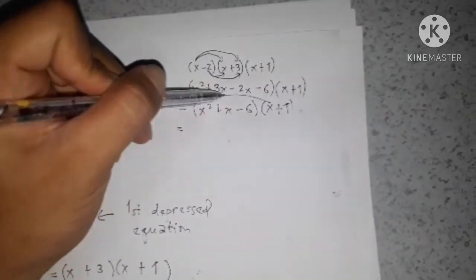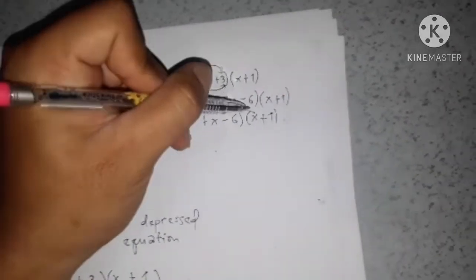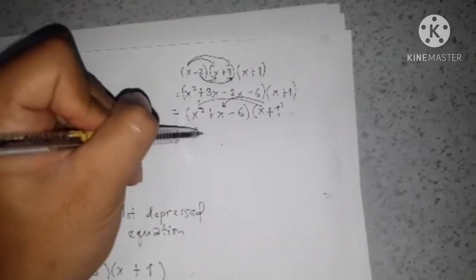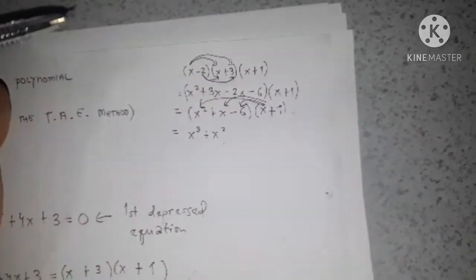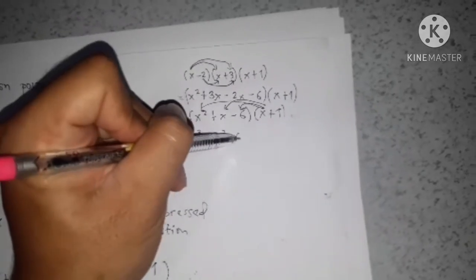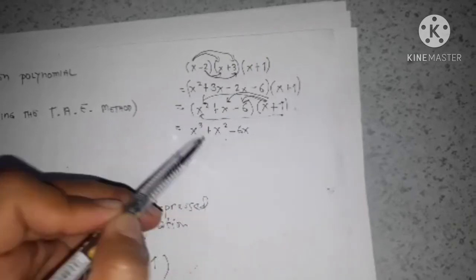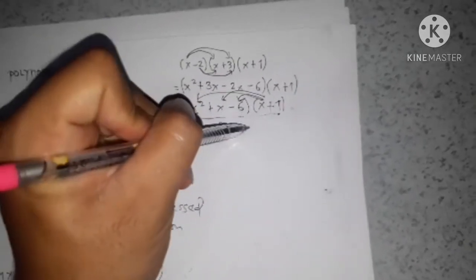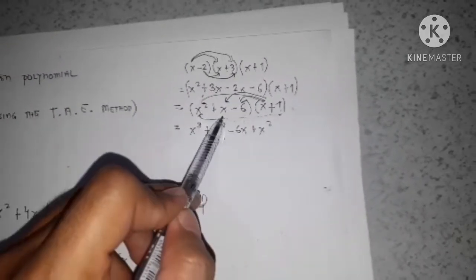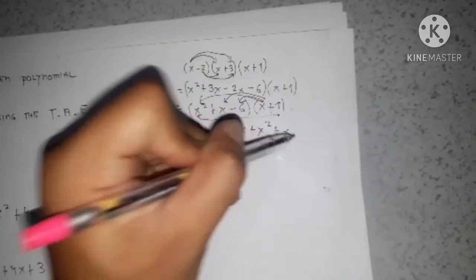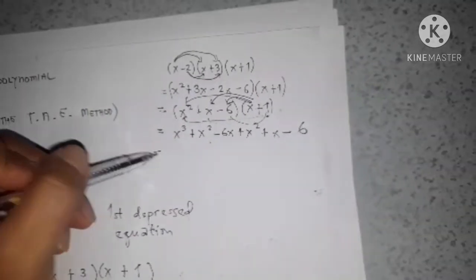You have x times x squared, that is x cubed, and then x times x, so that is x squared, and then x times negative 6, so yun ay negative 6x, and then 1 times x squared, so yun ay positive x squared. And then 1 times x, so that is x. 1 times negative 6, that is negative 6.